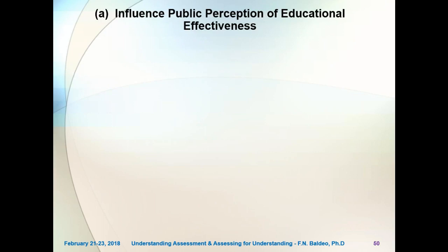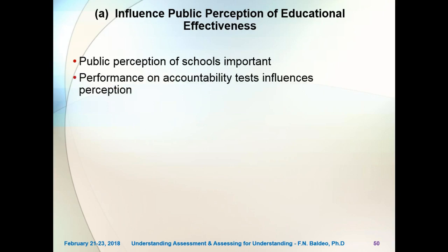Another reason again for the public: it influences public perception of educational effectiveness. Public perception of schools is important. In other words, how well the public perceives a school determines how much input they would have in that school, and maybe make a difference in its output.